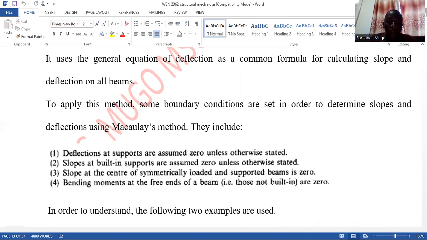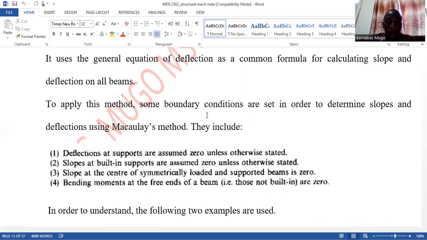Then the slope at the built-in support is assumed to be zero unless otherwise stated. Meaning that for the deflection at a support, if you have a simply supported beam, at the point where the supports are acting, the deflection is assumed to be zero.